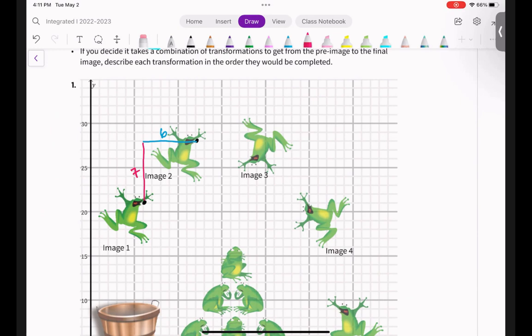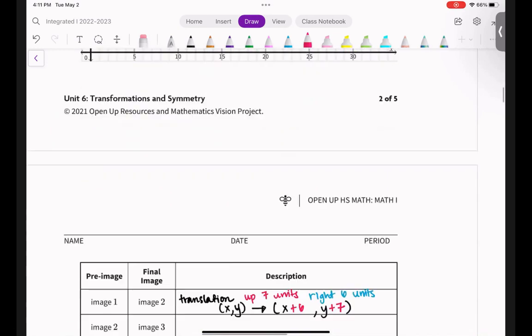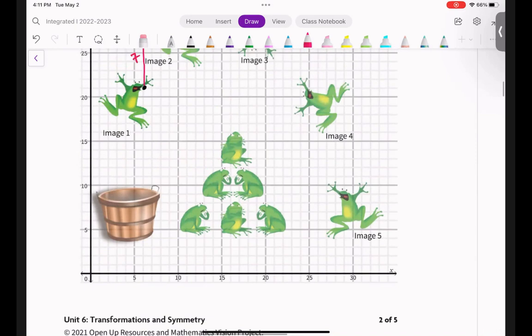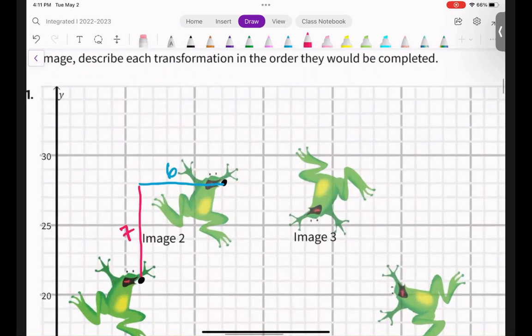So the next one is from 2 to 3. So you're looking at these two and you're saying, how did 2 get to 3? Now, is it a translation? And you're like, no. And is it a reflection? And you're like, no. So I hope it's a rotation because that's all you have left.